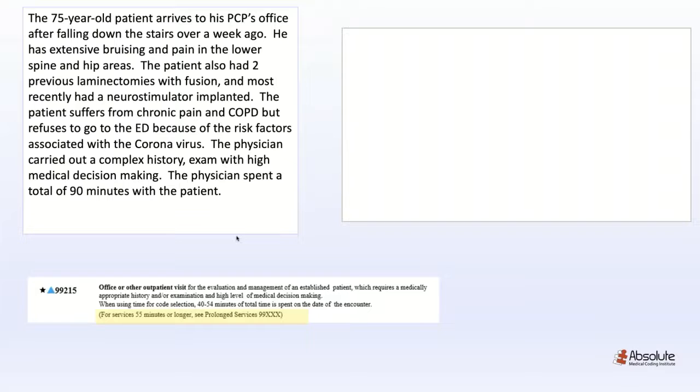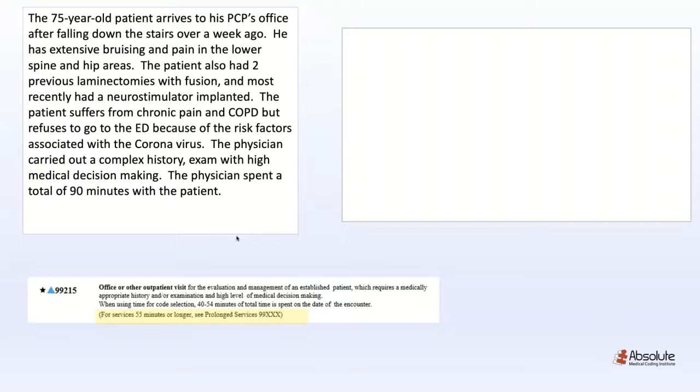We have a good situation. This is a great teachable moment because we've instructed in part one that when you have time, you just go ahead and use your time chart. However, remember, any time your code exceeds 55 minutes for an established patient or 75 minutes for a new patient, it is automatically considered a prolonged services encounter.